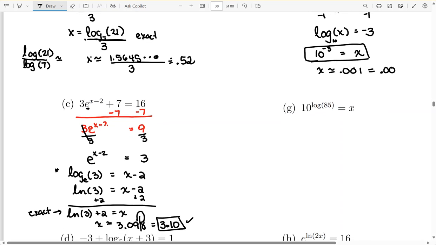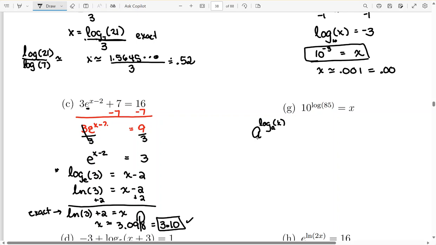For letter G, 10 raised to the log base 10 of 85. So for this one, this goes back to the property.